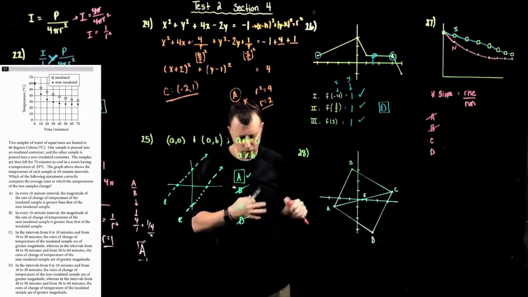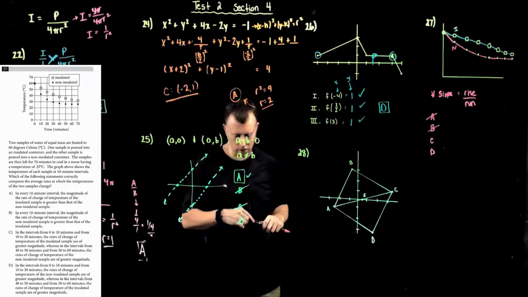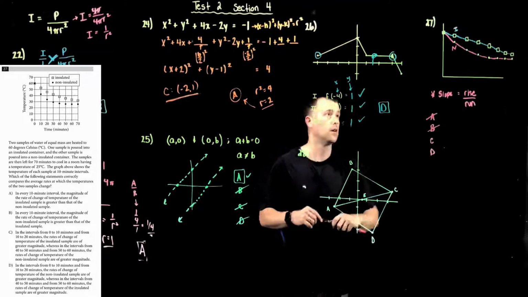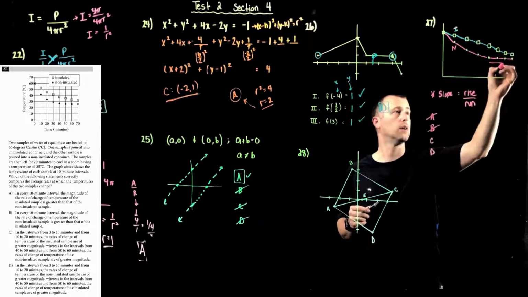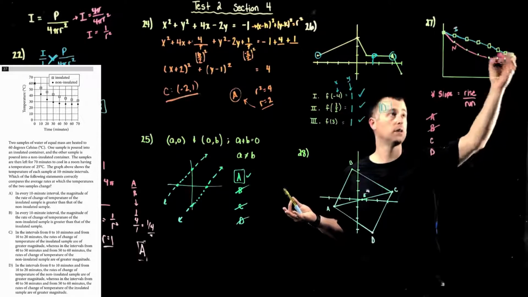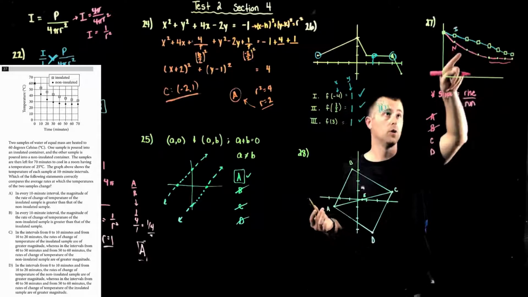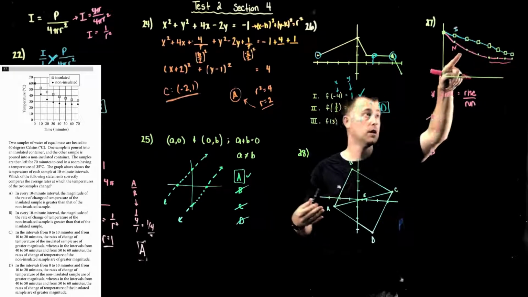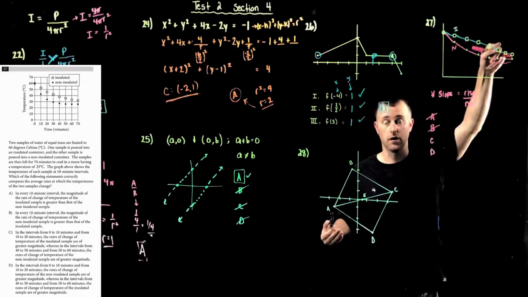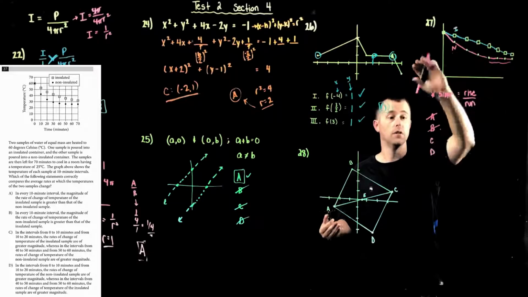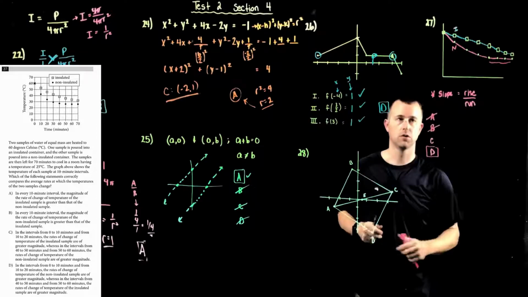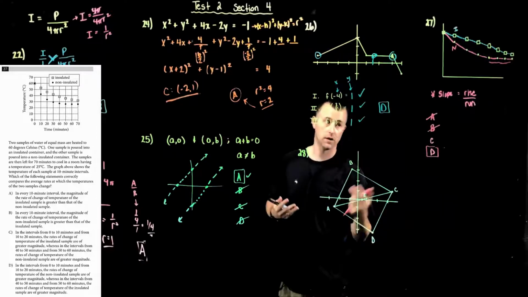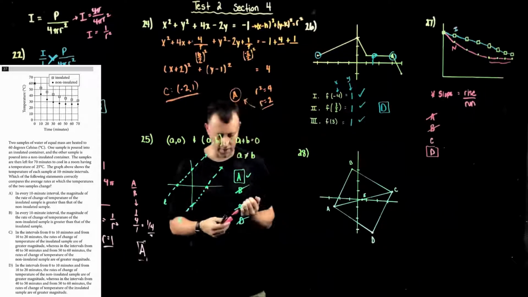Whereas in the intervals from 40 to 50, 50 to 60, the rates of change of the insulated sample are of greater magnitude. Well, notice at the end here, this one got to be almost 0 basically, and this one's going down. So while this one had a greater rate of change, at the end, the insulated had a greater rate of change. So this one holds true for both domains. So your answer choice that you should be picking is D for number 27.